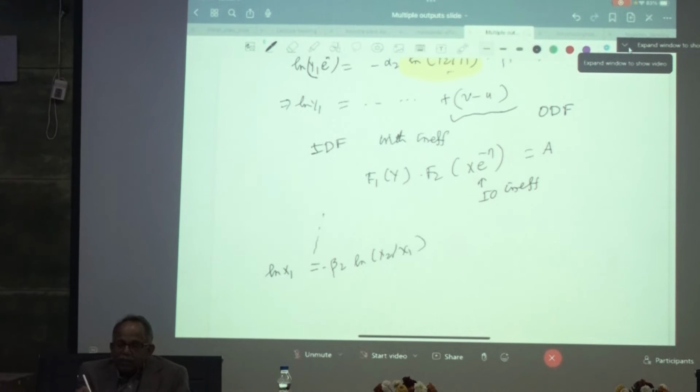Now let me change this, because x's are replaced by x times e to the power minus eta. What will happen to the ratio? If all the x's are changed proportionally, then the ratio is not affected by eta. So there is no eta in there, but there is going to be eta on this side. And then minus alpha 1 log of y1 minus alpha 2 log of y2 and so on.